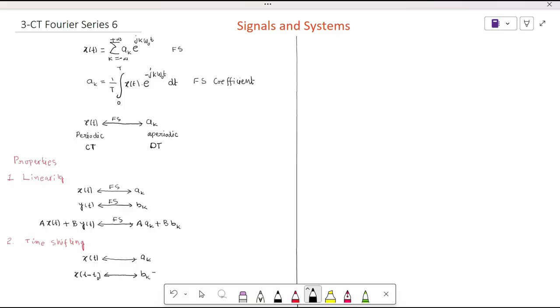Since the transformation x of t minus t naught is applied to x of t, this bk must be in terms of the ak. That we should find out.